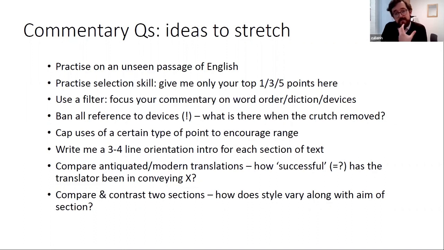You could say, for this 15-mark practice, I just want you to talk about word order, and see how many word order points you could get from that paragraph. And I bet you could write a side and a half about word order in a 15-line passage. Or you could say, just talk about choice of words.